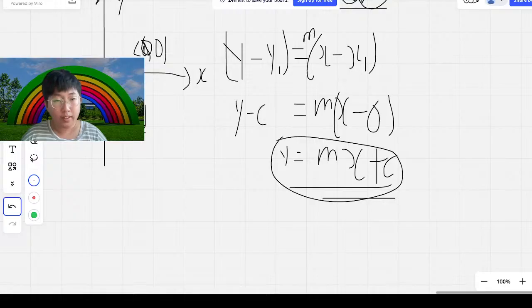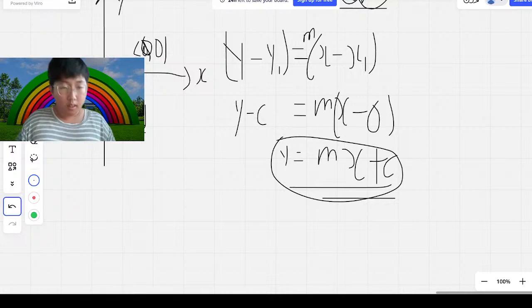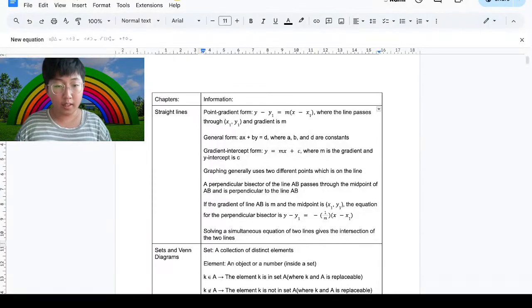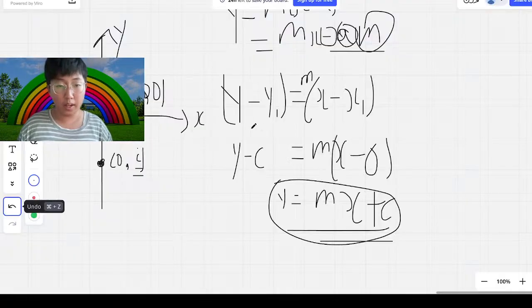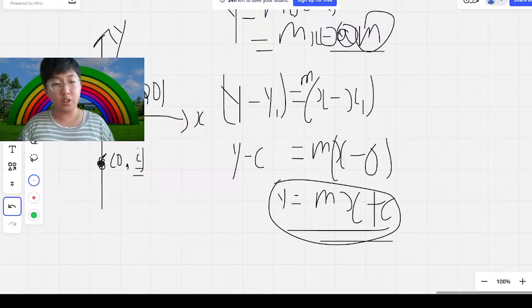So again, y-intercept is where the line meets the y-axis, and then the x-intercept is where the line meets the x-axis. But it's much more convenient to use the y-intercept instead.